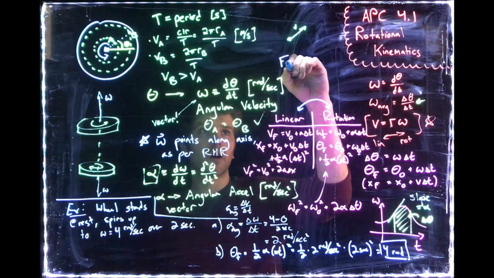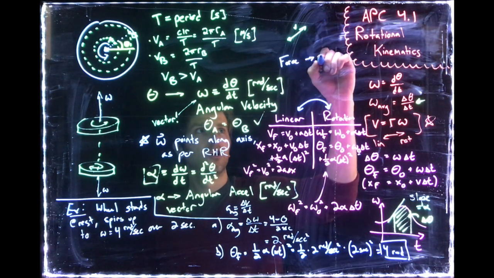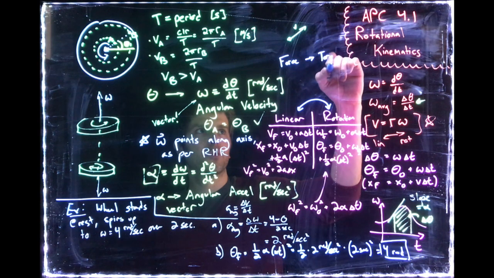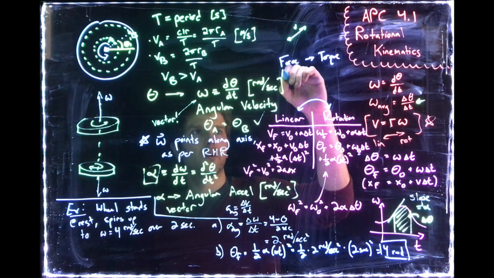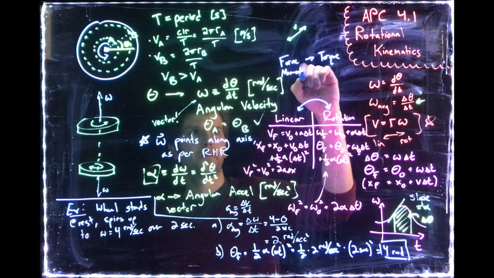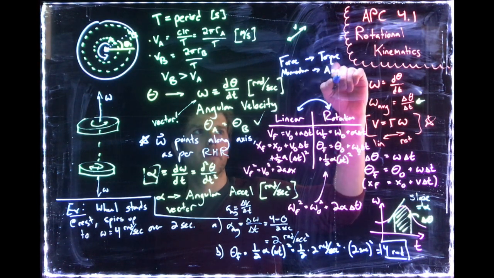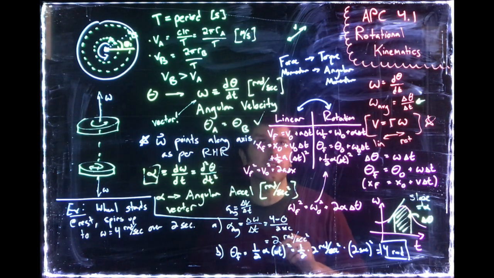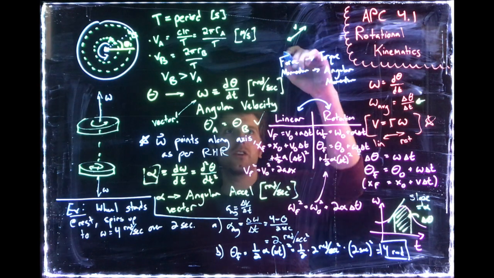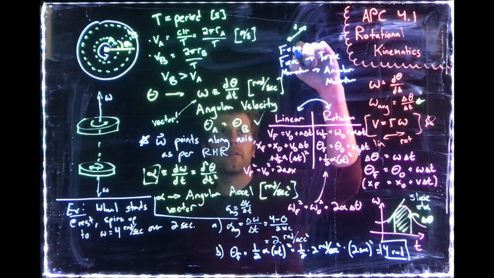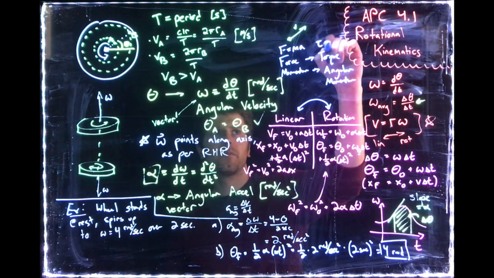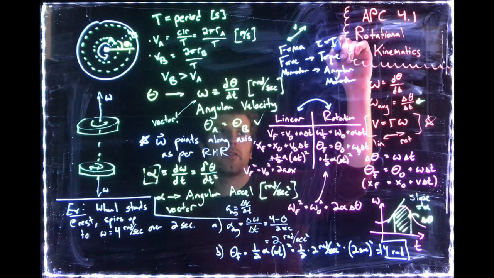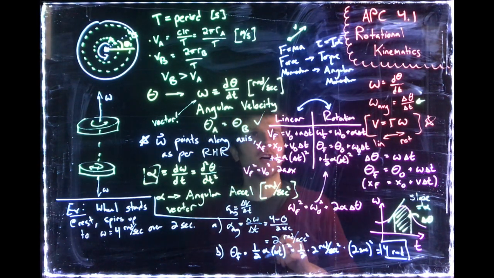Where we used to talk about force, we'll talk about torque, which is the rotational equivalent of force. Instead of momentum, we'll have angular momentum. And even the equations stay very similar. We're going to have an equivalent to Newton's second law, F equals ma, and it's going to involve torque. As a spoiler, it's torque equals I alpha.